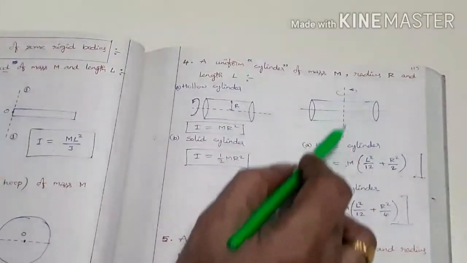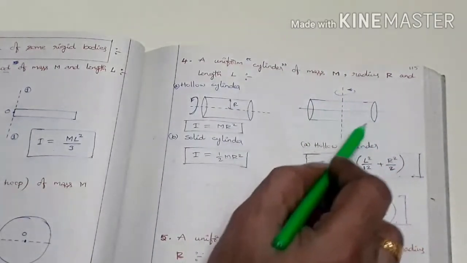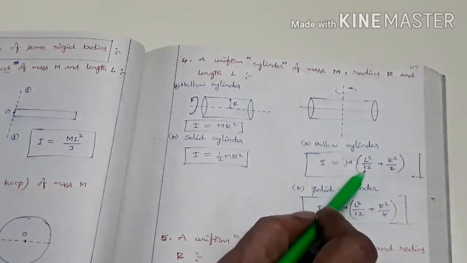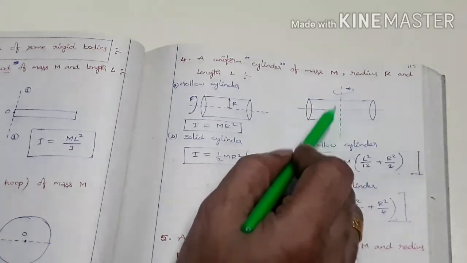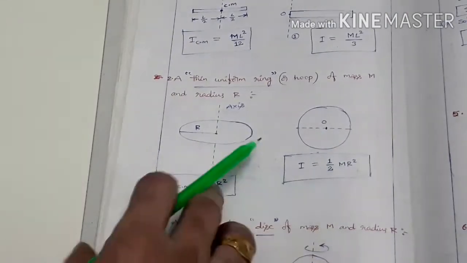But what about this other axis? We can consider the cylinder as a rod, and this axis is cutting the rod at its midpoint and perpendicular to it. Therefore we are getting ml square by 12. And also this is a geometrical axis for a ring here. You know, for the geometrical axis of a ring, what is the moment of inertia? I equal to half mr square.